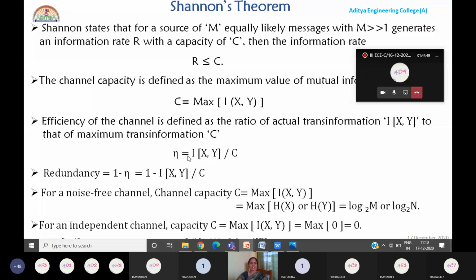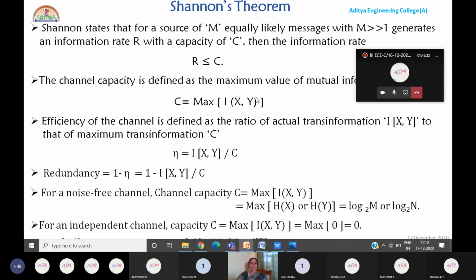So if you want to calculate the efficiency, take I of xy by C. And if you want redundancy, take 1 minus eta, so it will be 1 minus I of xy divided by C. So if you are given I of xy and C, you can directly calculate eta and the redundancy factor.